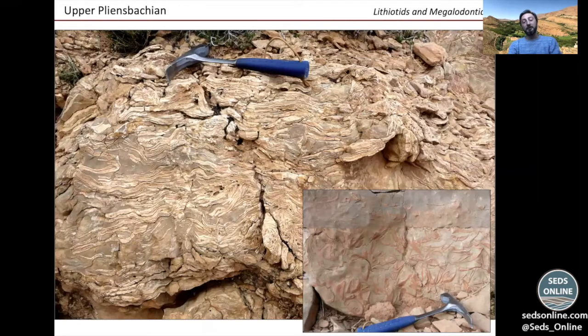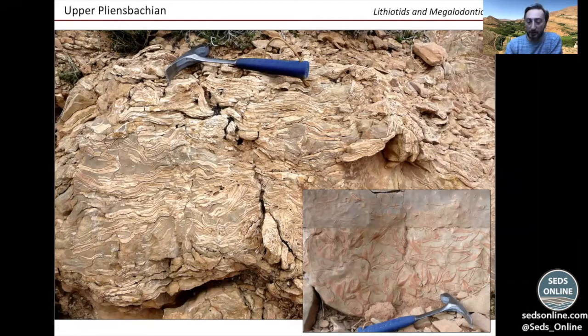If we start in the Pliensbachian, it is known for this creature here, which are called lithiotids. Those were large bivalves. Some people postulate that they were actually living in symbiosis with photosynthetic algae, so with zooxanthellae, so they might have been living like corals nowadays, right?